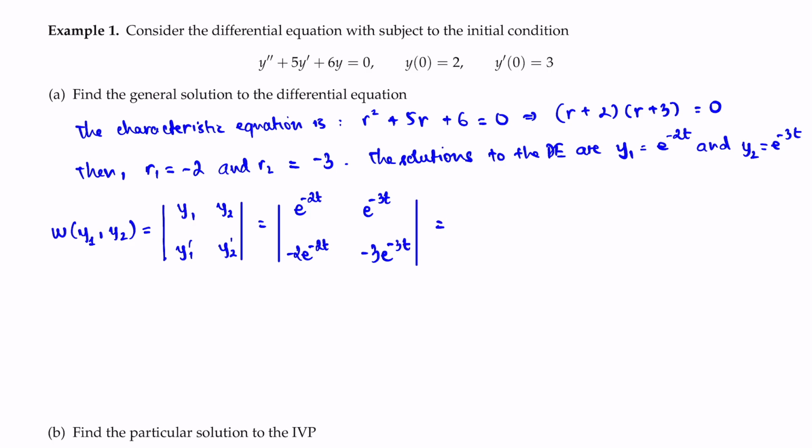Use the formula to calculate this 2 by 2 determinant, and you get negative 3 e to the negative 2t times e to the negative 3t minus negative 2 e to the negative 2t times e to the negative 3t.